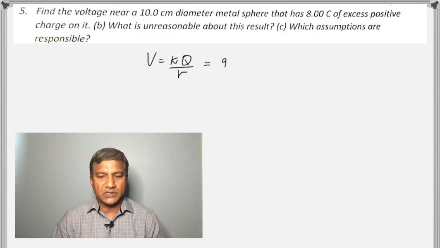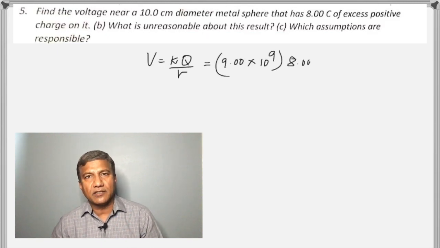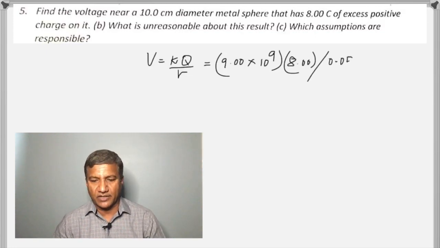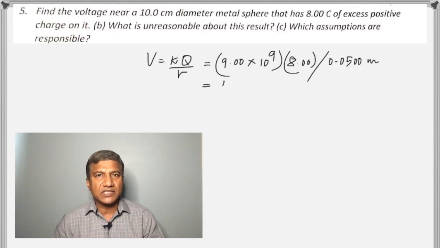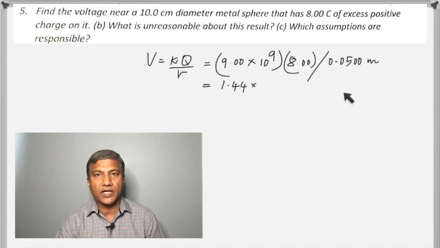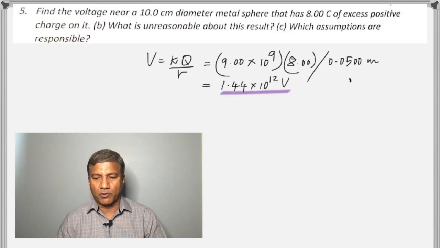Voltage due to a point charge is given by kq by r, where k is that constant, which is 9 times 10 to the 9. And the charge in this case is 8 coulombs divided by the radius. The radius is 5 centimeters, which you change into meters to get 0.0500. And that gives us 1.44 times 10 to the 12.